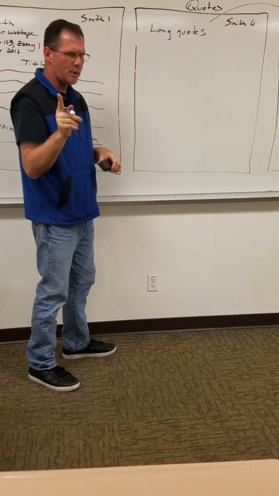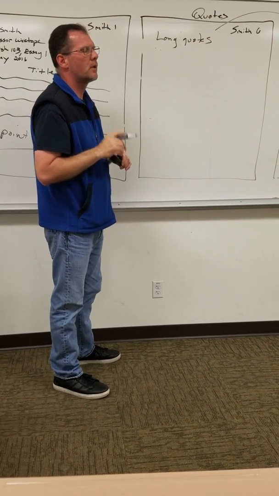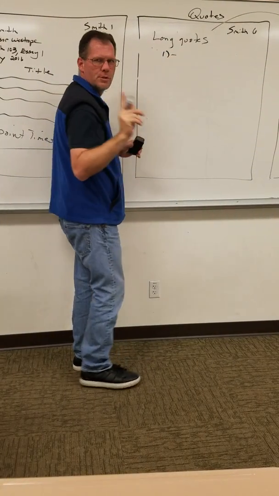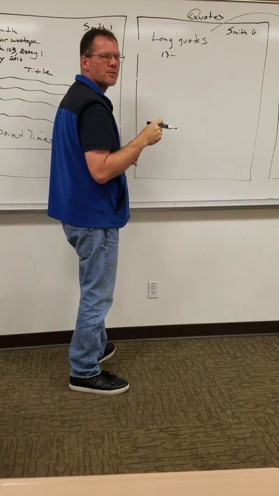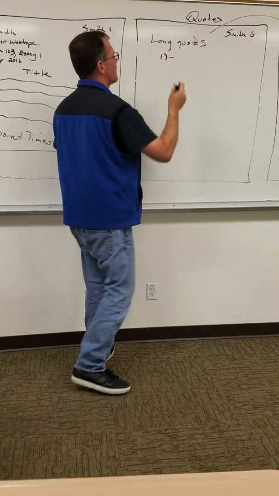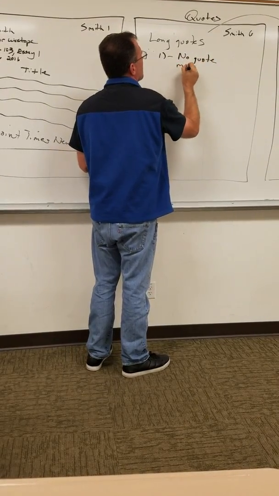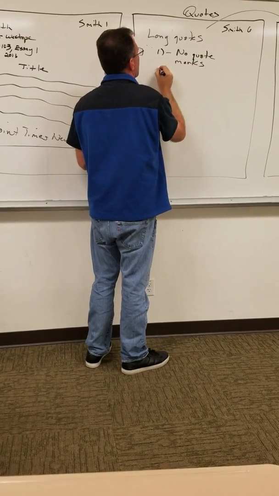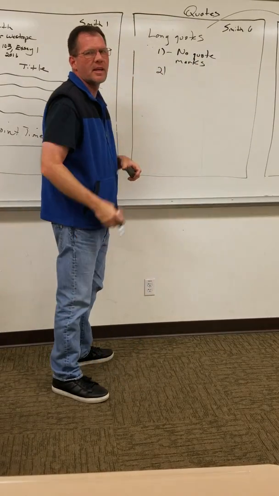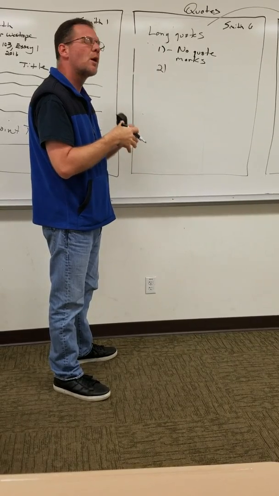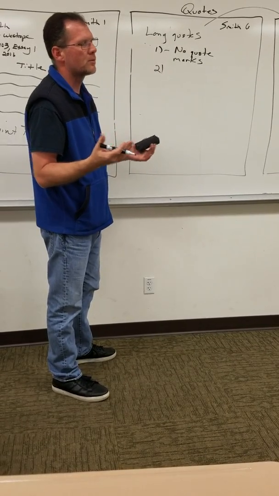I want to make a couple of notes about long quotes. The first one is long quotes do not require quotation marks because they're in a box. And then secondly, long quotes have the period before the parentheses, and the reason is because there are no quotes.